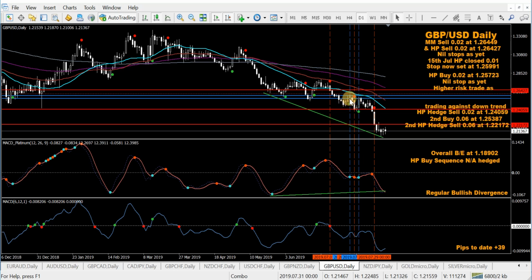I've since taken an HP buy, hedge sell, second buy, hedge, second hedge sell. So we're in quite a few trades. You can read my notes there. So this sequence is hedged, and I've still got the two sell trades back here. It's given us 39 pips so far, so a bit of work to do on that still.